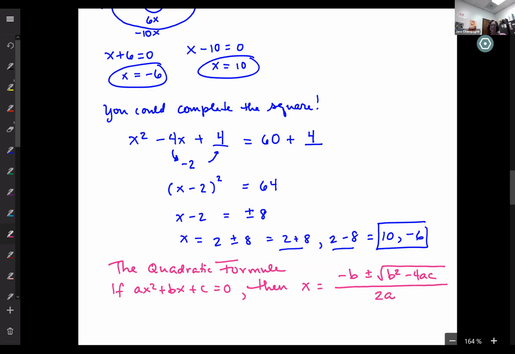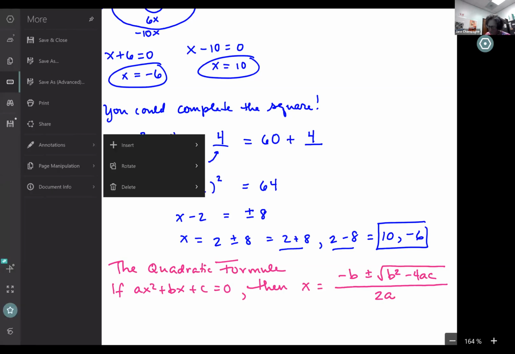And really that originates from completing the square. Have you ever seen a proof of the quadratic formula? Once in your lifetime, you should see a proof of the quadratic formula. I'm going to show it to you.